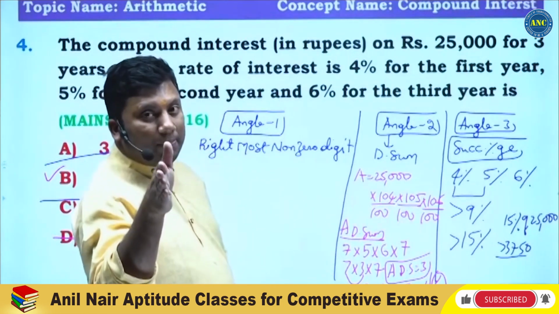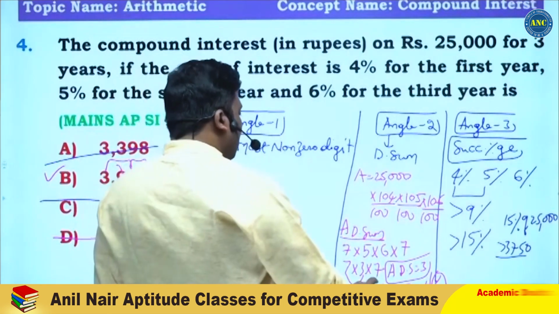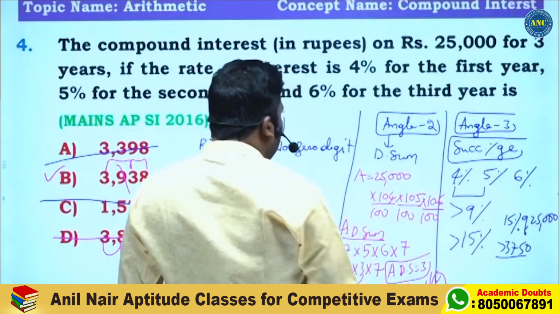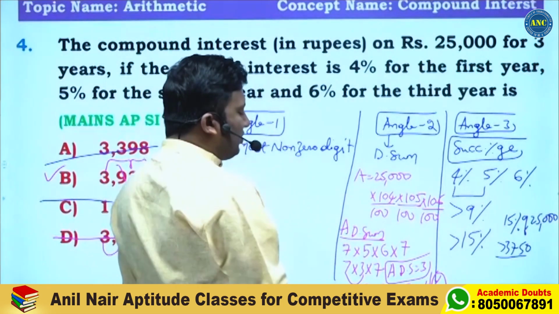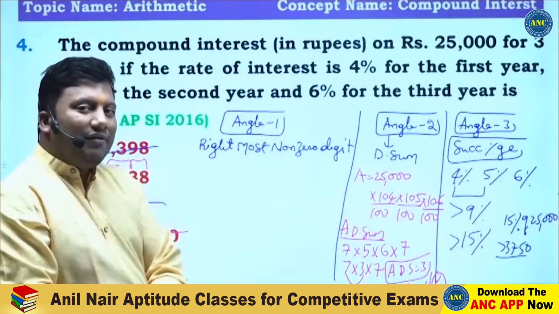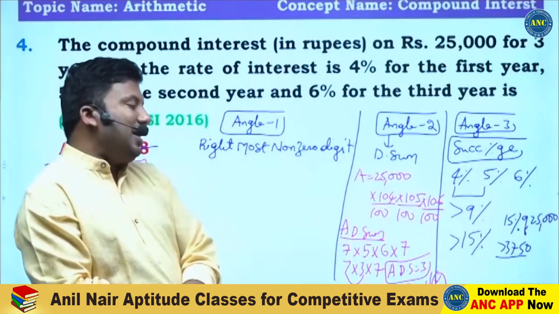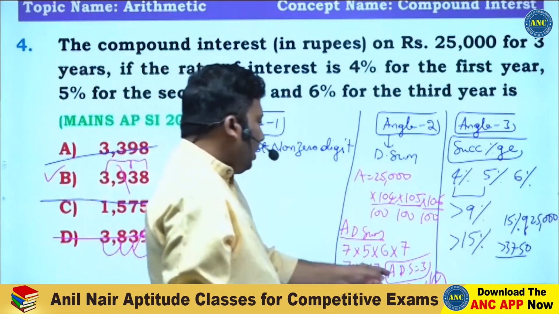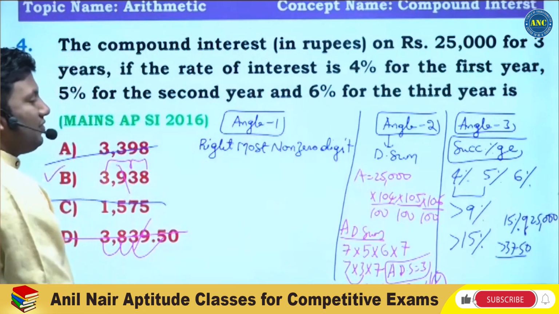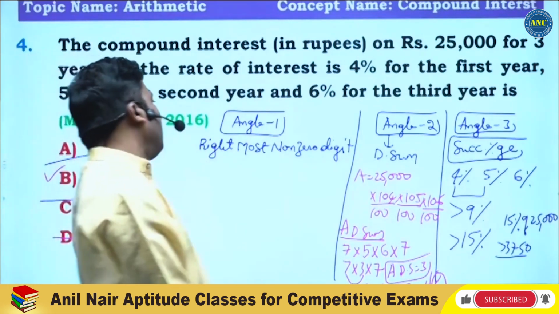Amount is principal plus compound interest, so CI is amount minus principal. Compound interest digital sum is minus 4. Whenever you get a negative remainder, add 9 to it. 9 minus 4 is 5. I hope the idea is clear.